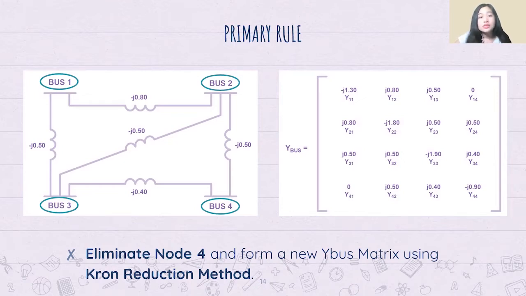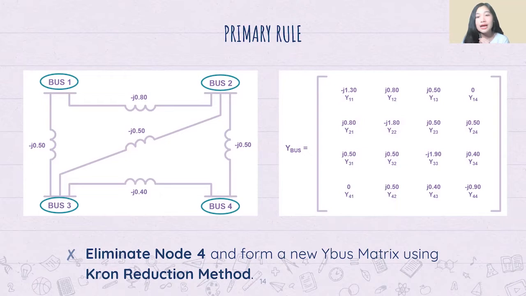Same goes for Y13. Bus 1 and bus 3 is negative j 0.50, then times negative 1, so positive j 0.50. Another tip is that Y12 is the same as the value of Y21. Why? Because bus 1 and bus 2, even if you reverse them, have the same value of admittance.